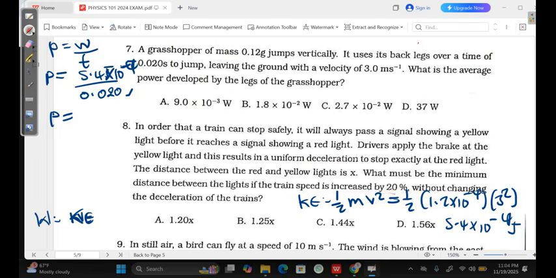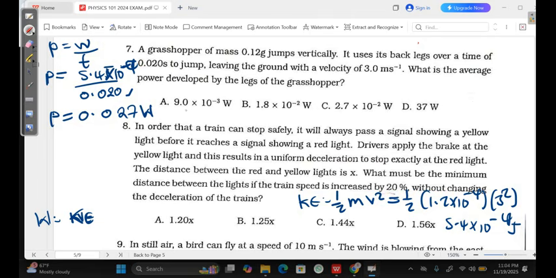So power will be equal to 0.000504 divided by 0.020. The answer that I'm getting is 0.0252 watts.